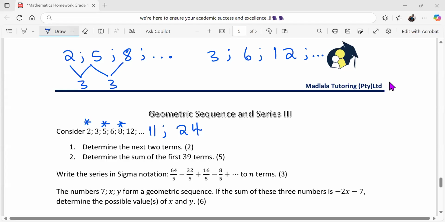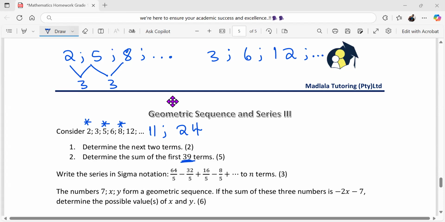Well then, moving on, they say we need to determine the sum of the first 39 terms of this sequence. And this one is really important. Now let's talk.